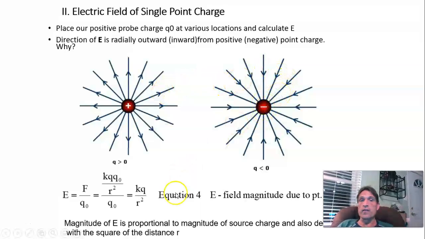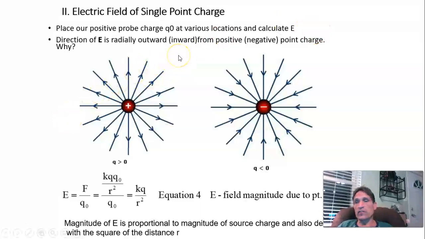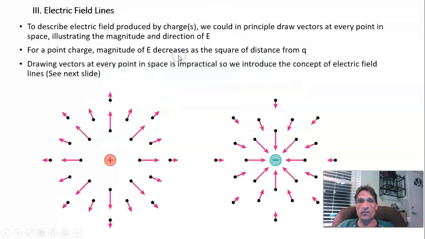Another main thing is that the electric field of a point charge goes as 1 over R squared. So every time I double the distance from the source charge, the electric field strength decreases by a factor of 4. So it gets weak pretty fast as you move away from the charge.